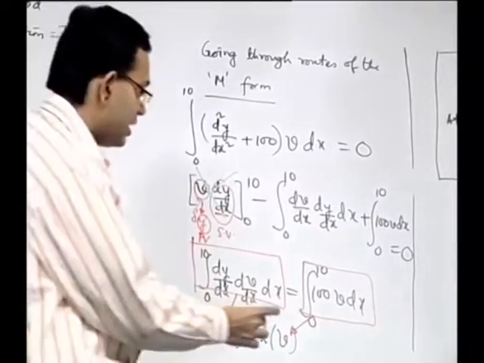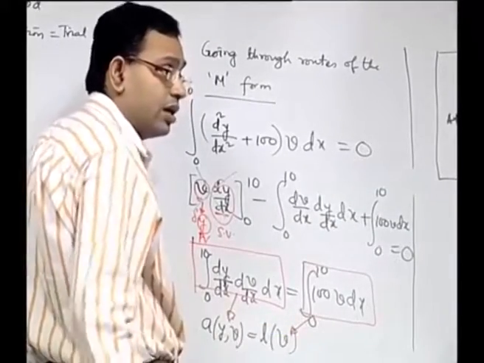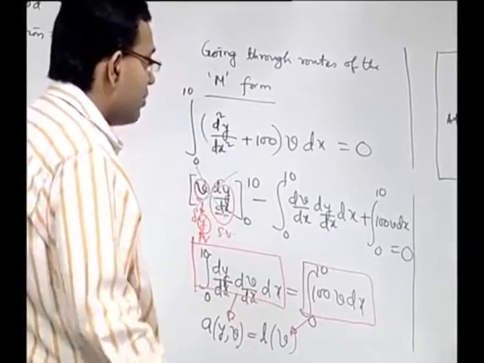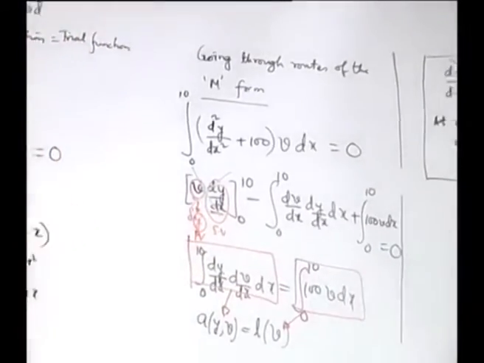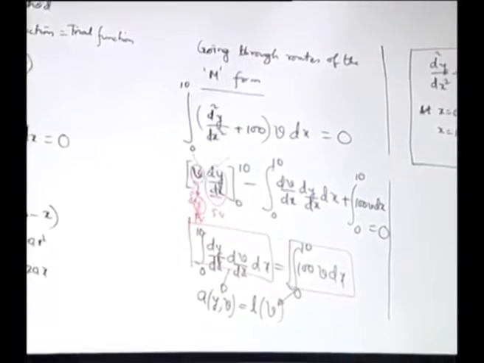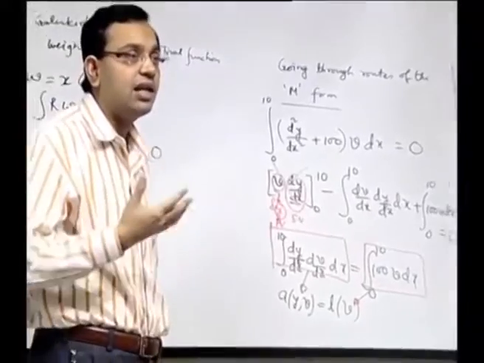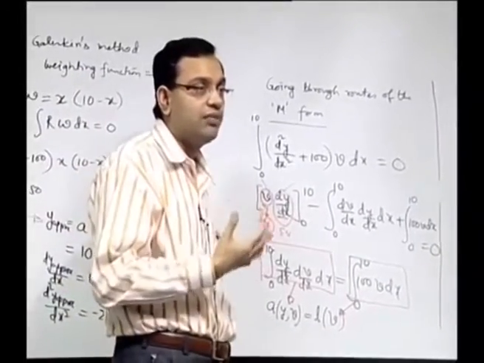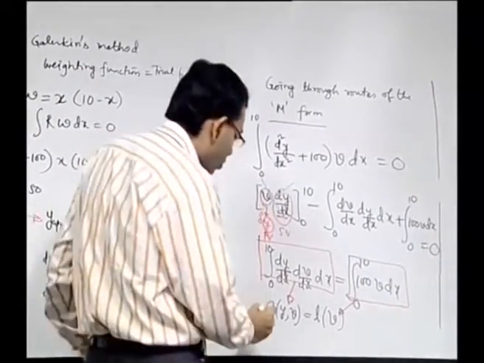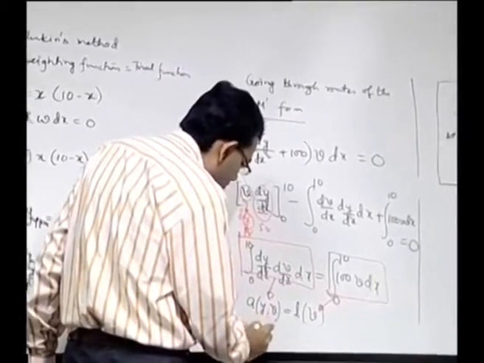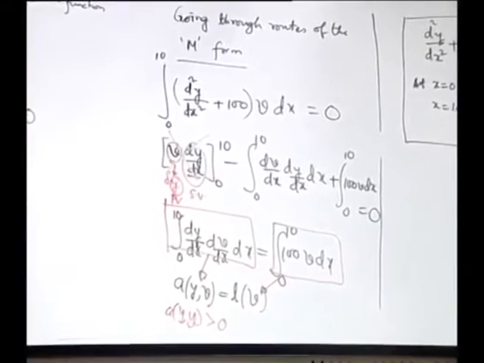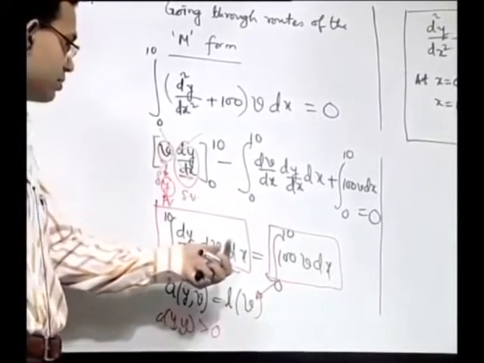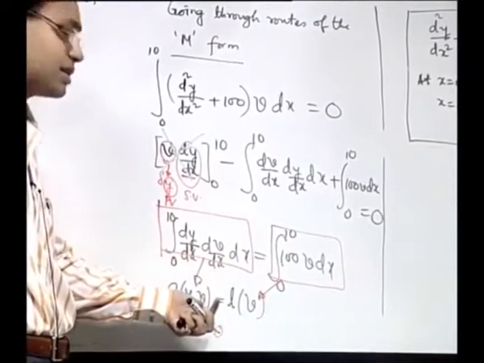So, that is a linear operator, but is it sufficient to derive the M form on the basis of symmetry and bilinearity and linearity, or you require something else? You require additionally that it must be a positive definite operator. That means a(y, y) must be greater than 0, and that is indeed the case, because a(y, y) means you replace v with y.